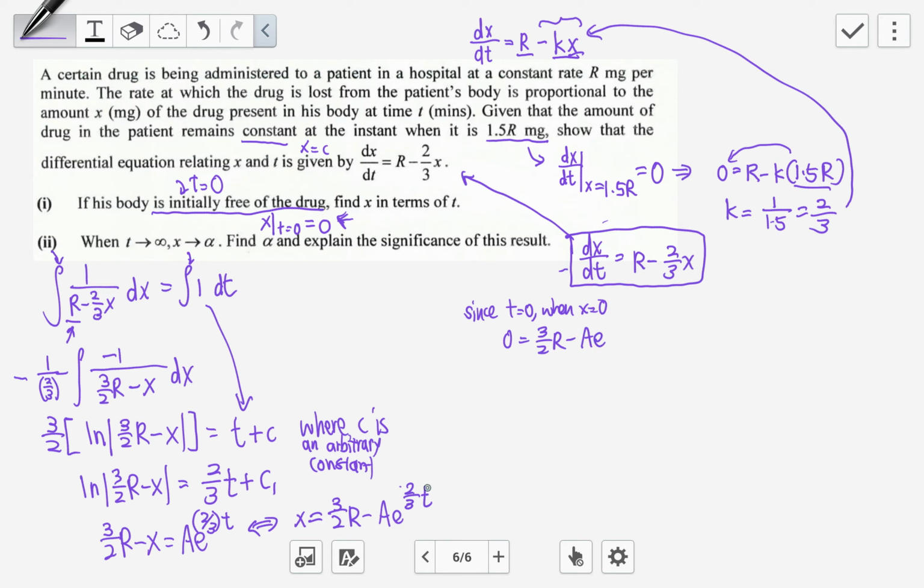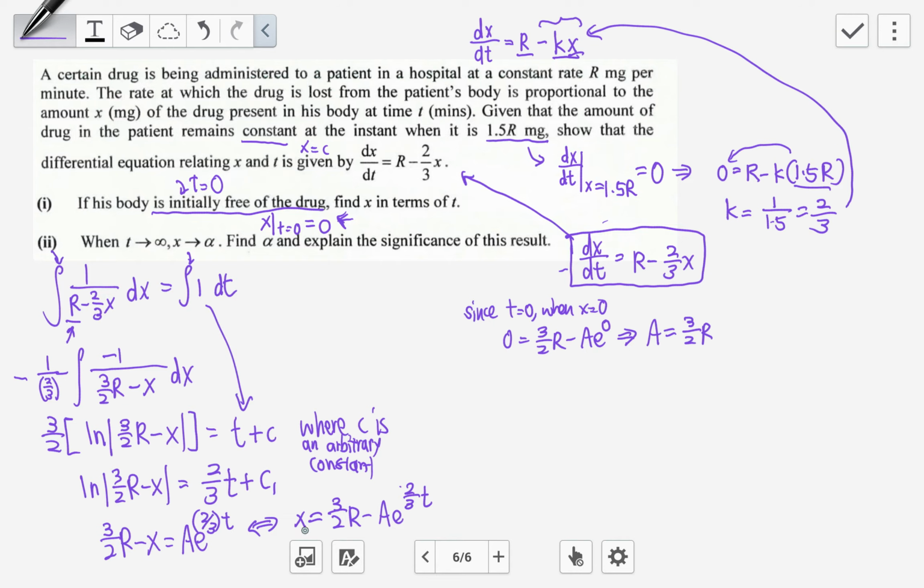Since t equals to 0 when x equals to 0, 0 equals to 3 over 2r minus a e to the 0 times 2/3, which will be 0. So this implies that my e to the power of 0 is 1, so it's just a. Minus a bring over becomes a, so a equals to 3 over 2r.